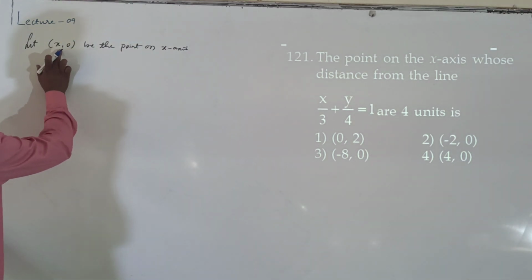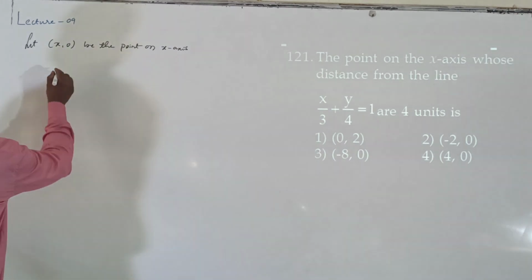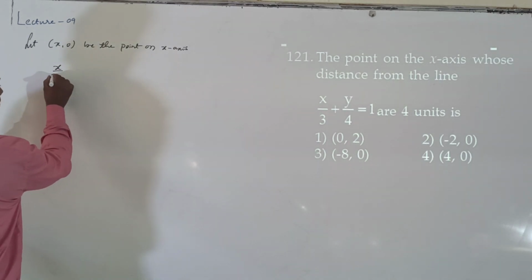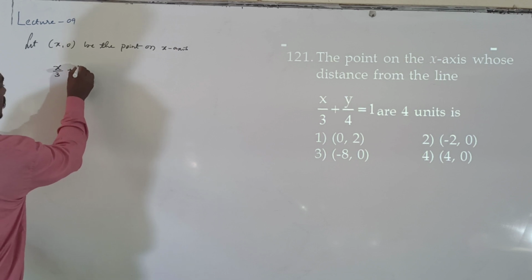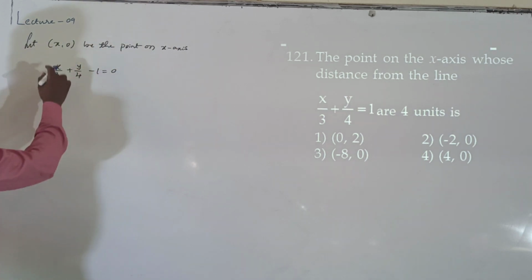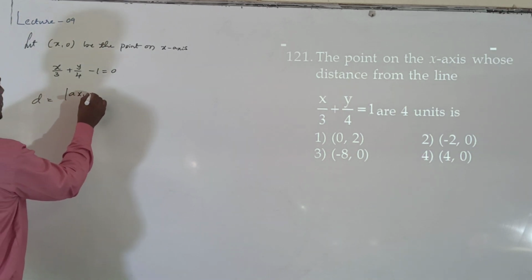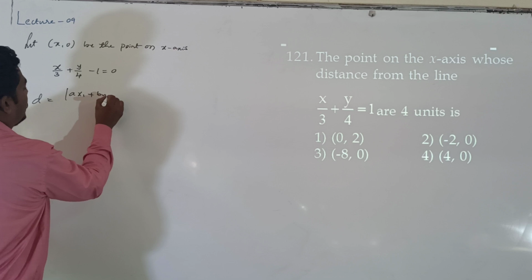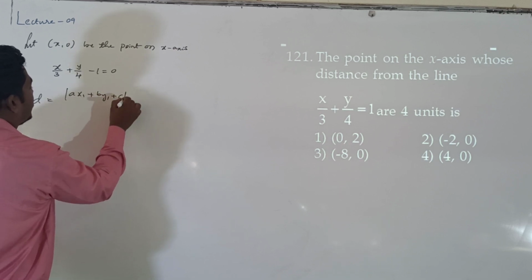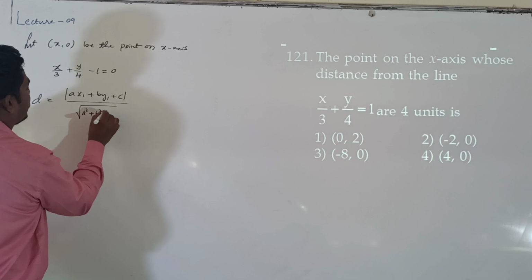Means the distance between this point and this line is given as 4 units, and the line is x by 3 plus y divided by 4 minus 1 equal to 0. Just use the distance between point and line formula: modulus of ax1 plus by1 plus c divided by square root of a square plus b square.